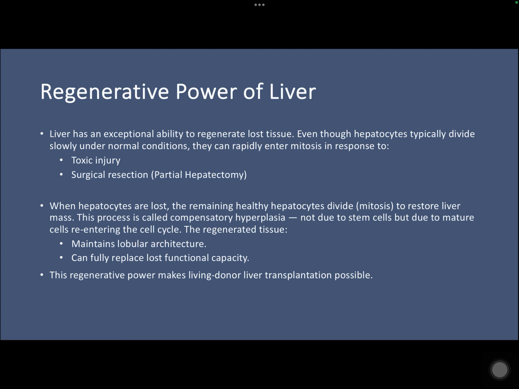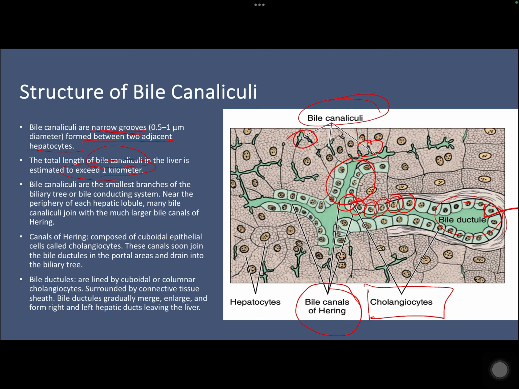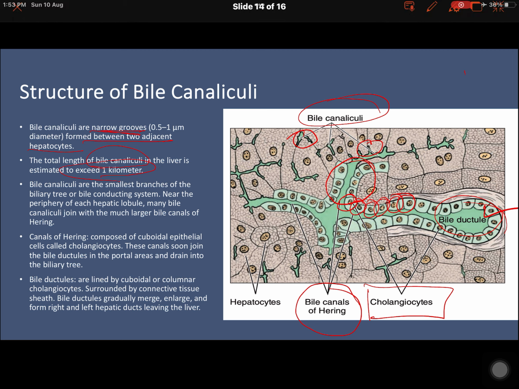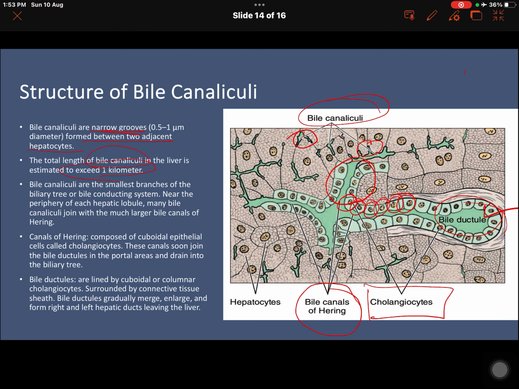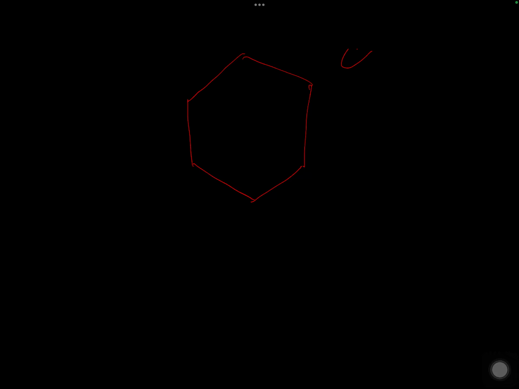Now, first we had a structure like this. This is a hexagonal structure known as, very good, the classical lobule.